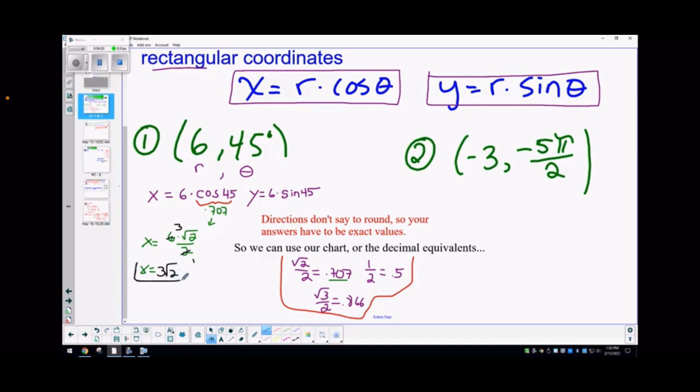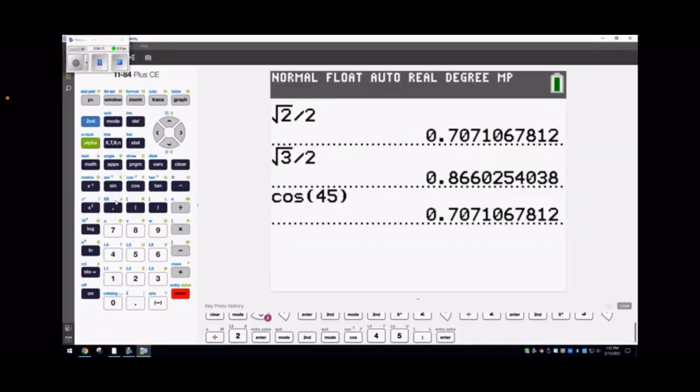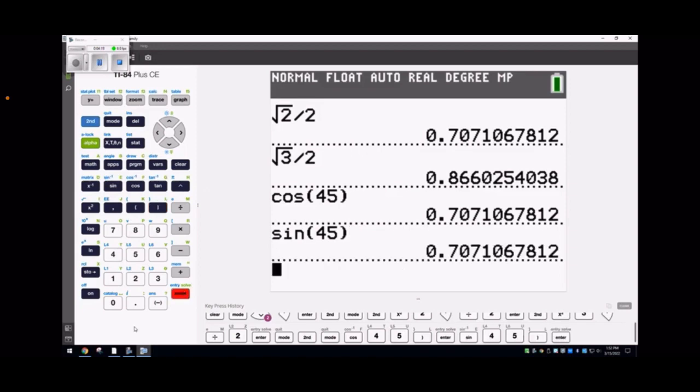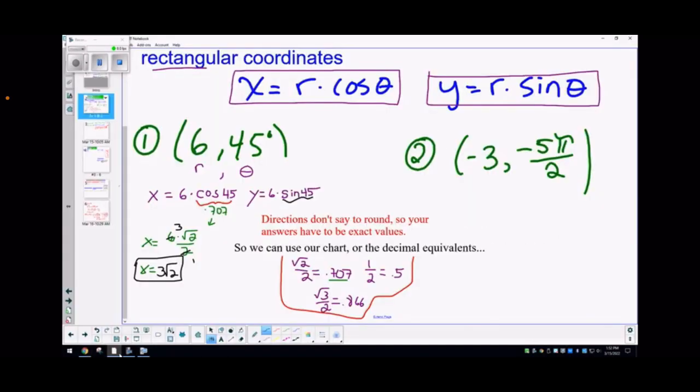And then we're going to do the exact same thing for sine. So you could type in sine 45. Now again, you don't have to use the calculator. You could use your chart. But I'm just showing you that sometimes, since you're always using the calculator now, you want to use it.